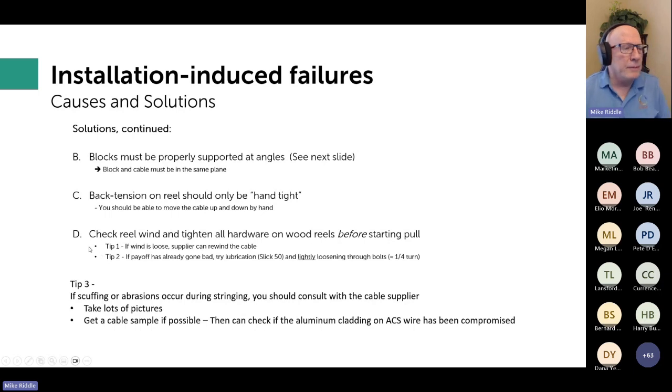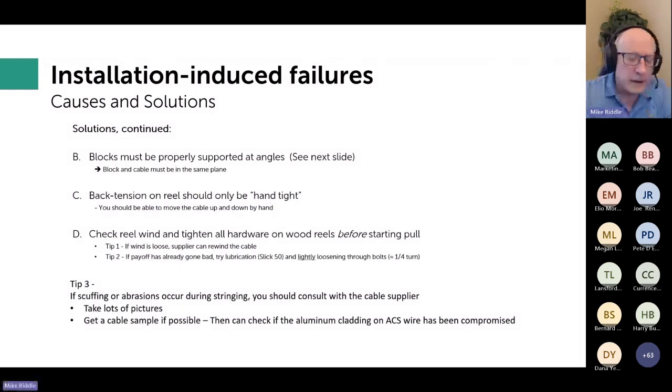And then the last thing, because I talked about the ability of the cable to pull down from one layer to another, you should check the reel wind before you start the pull. If the supplier sent you a reel of cable and the wind is crappy, you're within your rights to tell them your wind is crappy. I need you to rewind it. You really should.